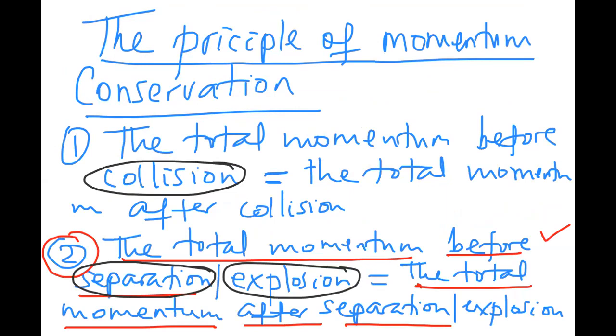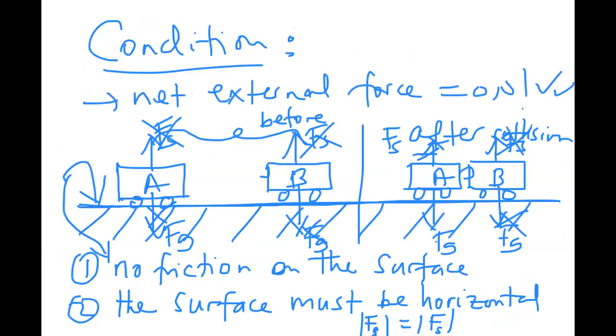We do see a separation when a cannon fires a cannonball. That's an example of a separation. Or a gun shooting out a bullet. That's also an example of a separation. So these problems can be either collisions or separations. But remember, the condition is that the net external force must be 0.